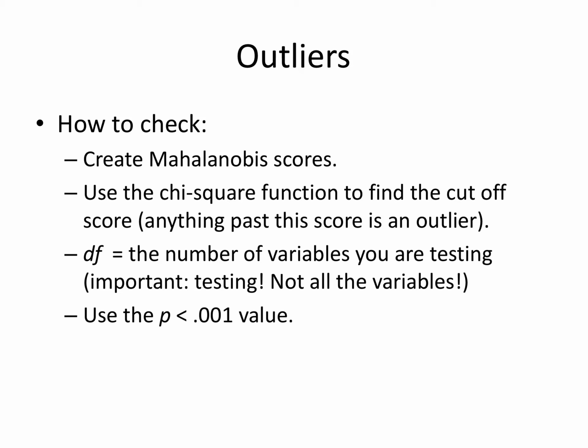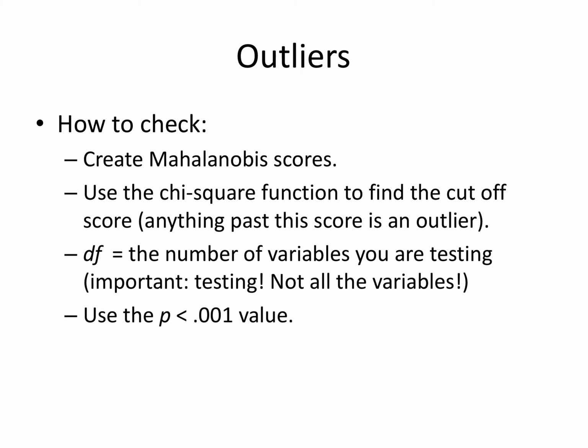Okay. To find that chi-square value, what you've got to do is use the degrees of freedom. Okay. So these degrees of freedom are different than the degrees of freedom we've talked about before, like for t-tests. Where it's based on the number of participants. These degrees of freedom are based on the number of variables, but only the number of variables you're testing.